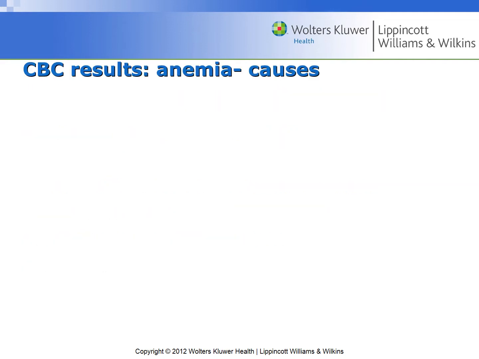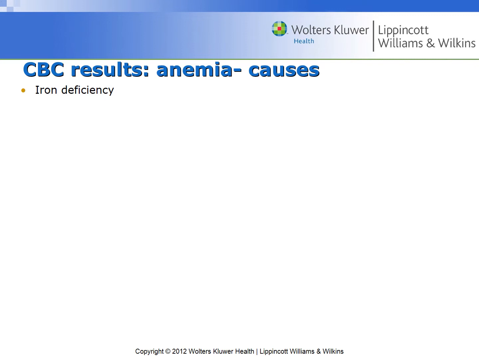Now let's look at the other end of the spectrum. Anemia. Can be iron deficiency. Wait a minute, iron? Hemoglobin. Hemoglobin is made of iron and proteins, and its job is to transport oxygen.